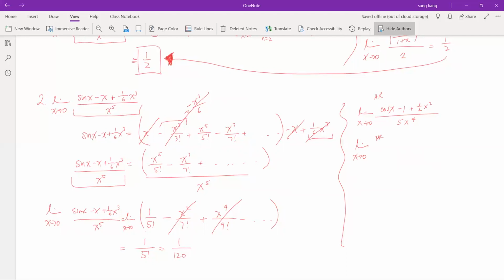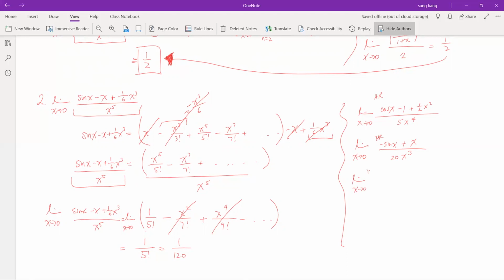Derivative of cosine is negative sine minus 0 plus 1x. So x. This will be 20x cubed. So evaluate the limit. Looks like it's going to be 0 over 0 again. Sine of x is 0 plus 0 over 20 times 0 cubed is 0. Let's apply it a third time.